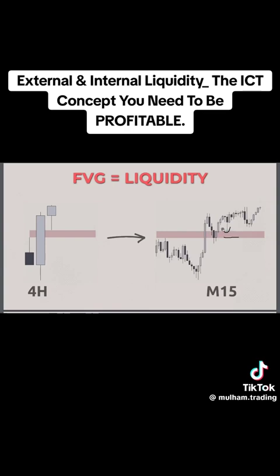That's the low, the same as this one, the low of the third candle in a fair value gap. So it's literally nothing but a liquidity level on a lower time frame. Price will sweep this liquidity level, maybe into an order block, and then start coming up. That's all a fair value gap is. That's why a fair value gap works, and that's why I say liquidity is everything, much more important than fair value gaps.